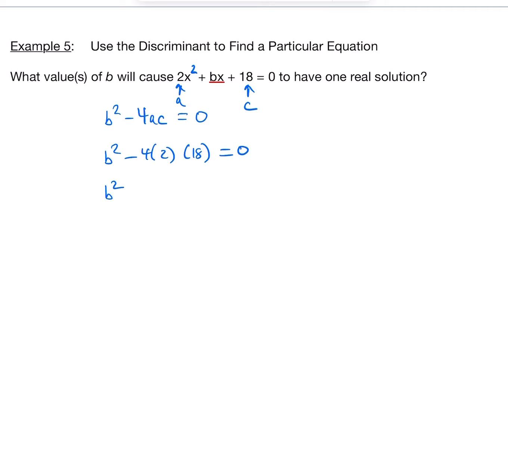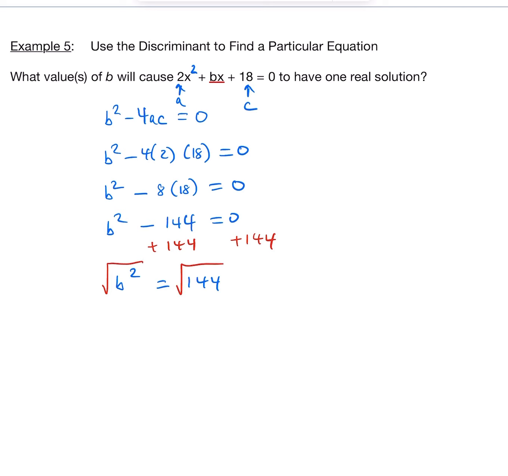So b squared minus 8 times 18 equals 0. b squared minus 144 equals 0. We need to add 144 to both sides, and we're left with b squared equals 144. Now we square root both sides, and we find that b equals plus or minus 12.